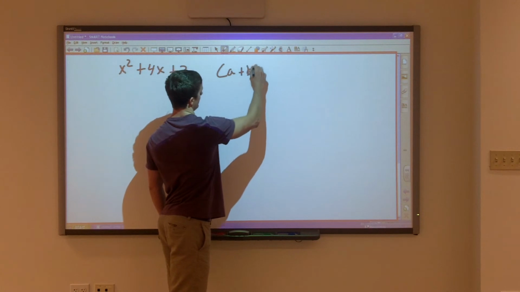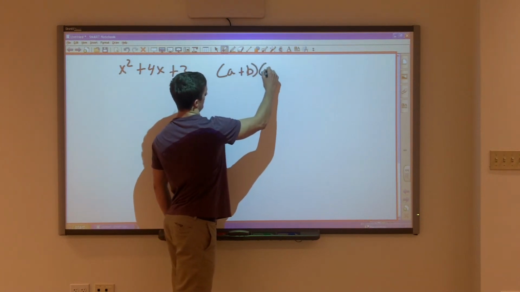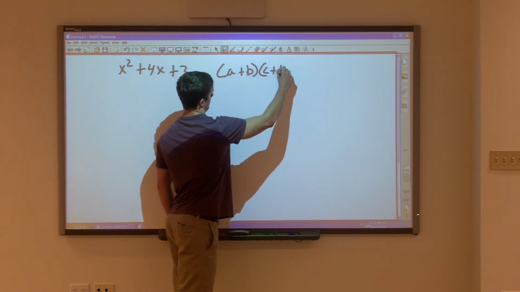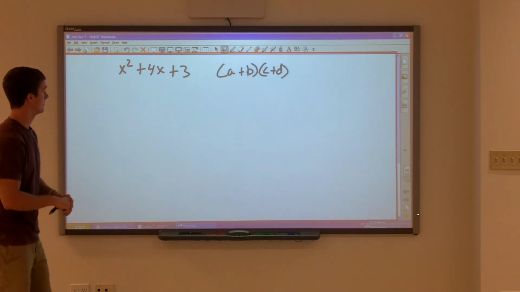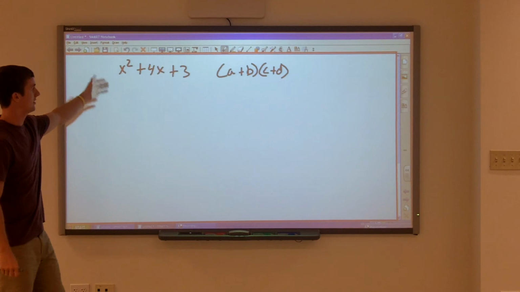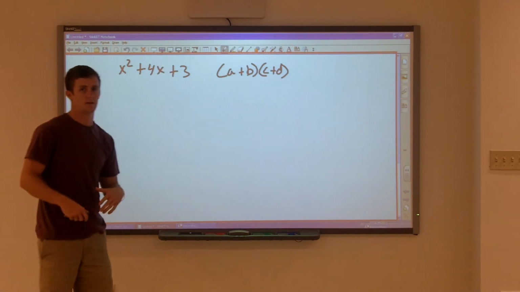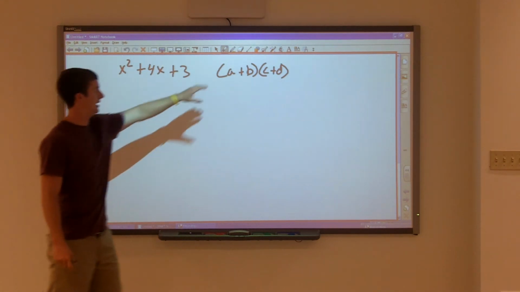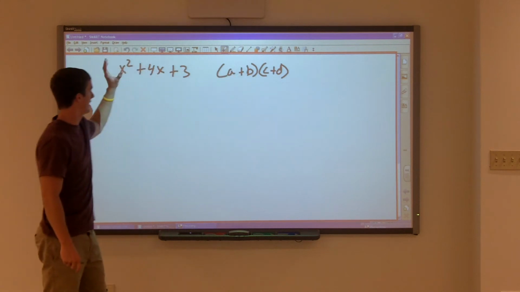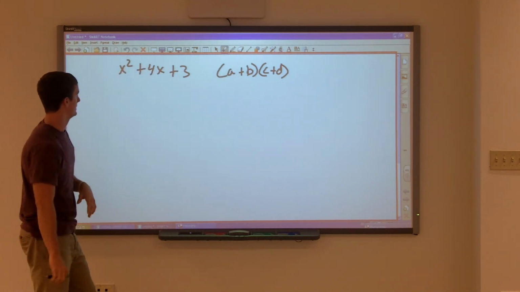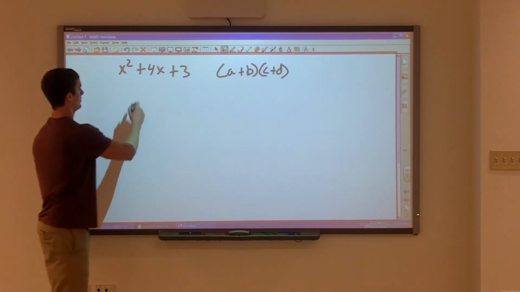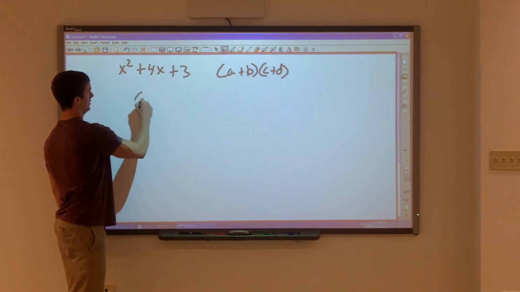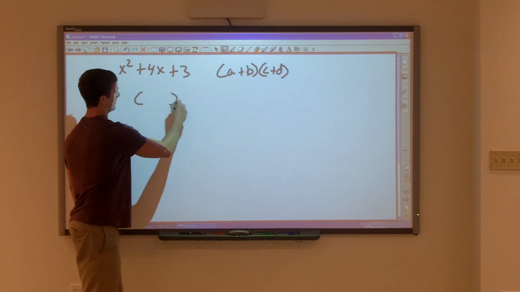So we try to look something like this. Now, obviously, we're not using a's and b's, so we want to break it down into terms of x's and numbers that make sense, such that when we FOIL this out, we get the answer to be this. The way that I always begin these is we know that we're going to have two polynomials multiplied by each other, so I always just break up my different quantities.